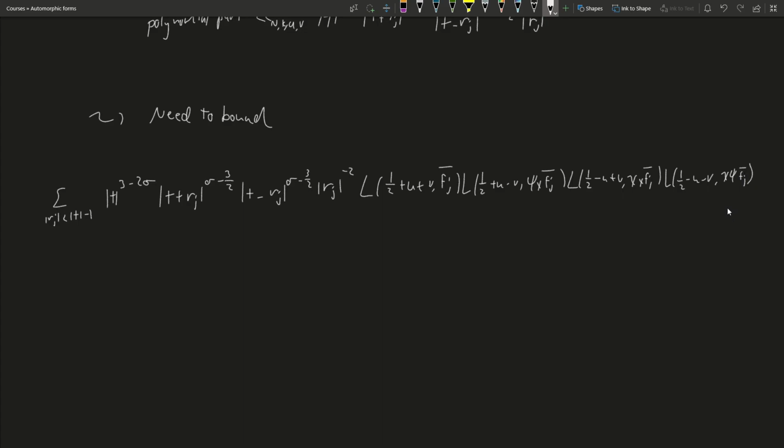Okay, and the way to do this is using Cauchy-Schwarz.